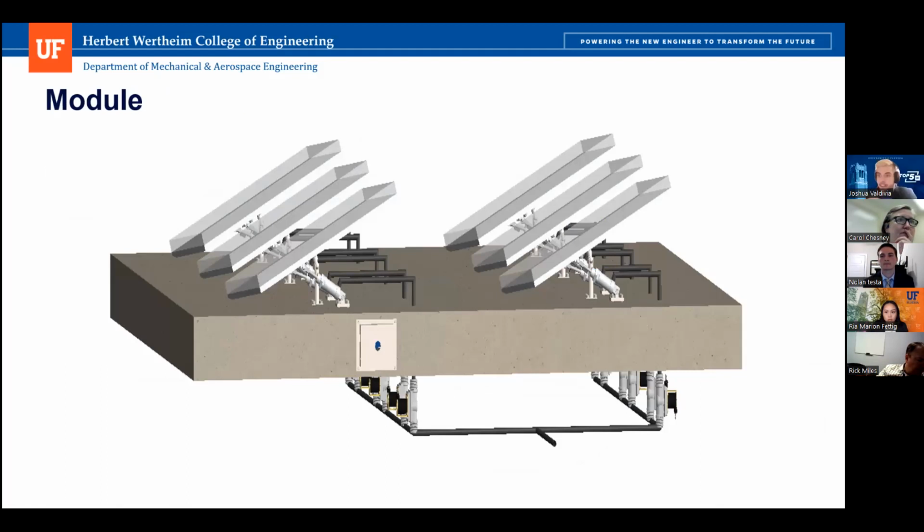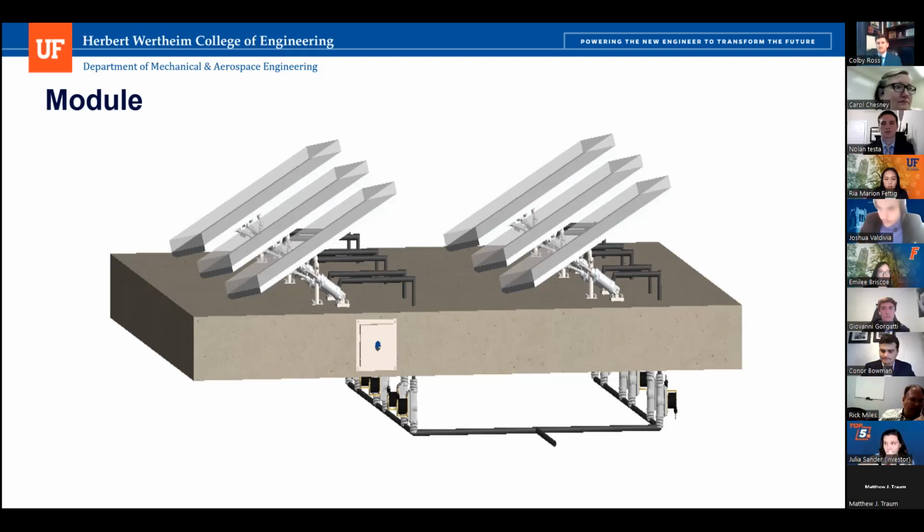That is correct. Yes. Okay, so is the idea that these pumps are going to be separate from the concrete pad? I'm just having a tough time picturing exactly when you actually go to install this out in Nevada, where the pumps are going to be located.